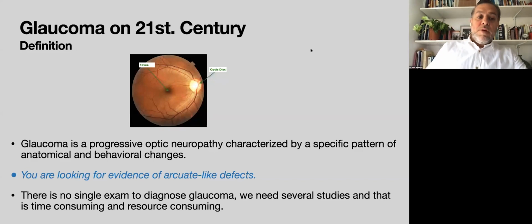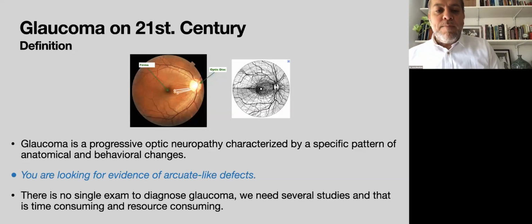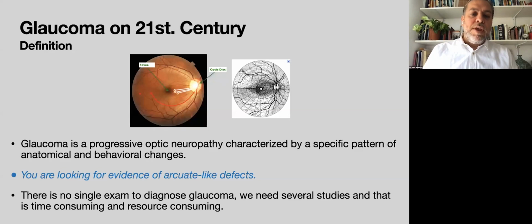So what we should be looking for is evidence of arcuate-like defects. This is the RNFL distribution in the posterior pole. We already know this for a long time. So the only type of defects that we should be looking for in glaucoma are defects that affect this type of RNFL distribution.